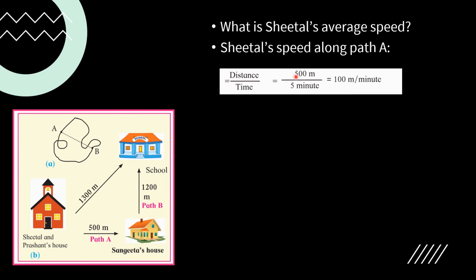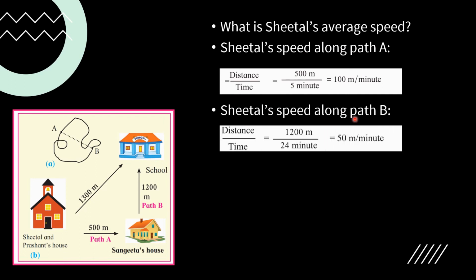Using the formula, we get Sheetal's speed along path A will be about 100 meters per minute. What will be her speed along path B? For path B, the distance is about 1200 meters and the time taken by them is about 24 minutes. Applying that in the formula distance upon time, we get 50 meters per minute.